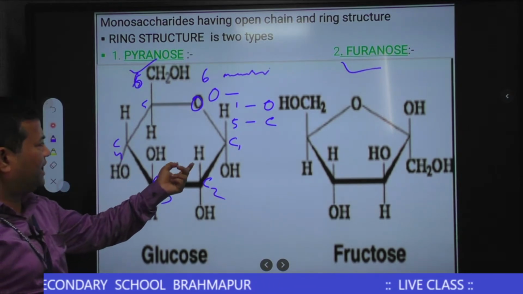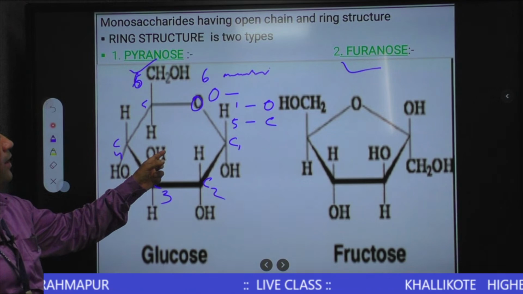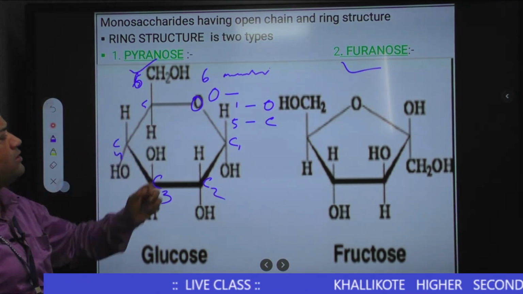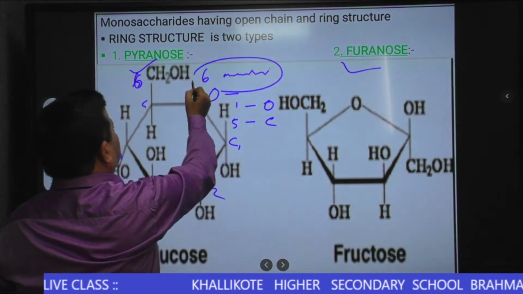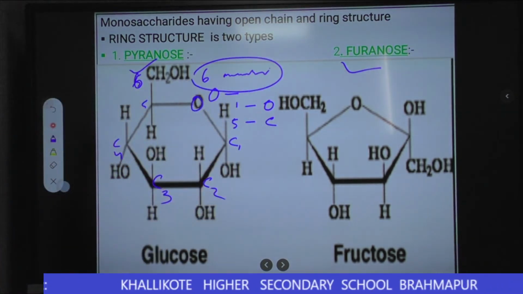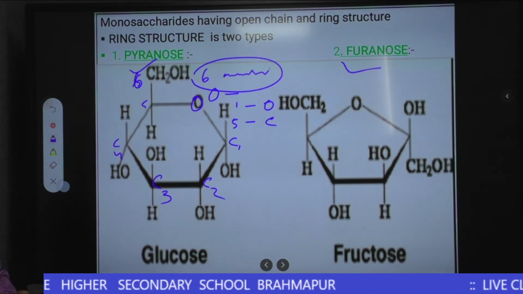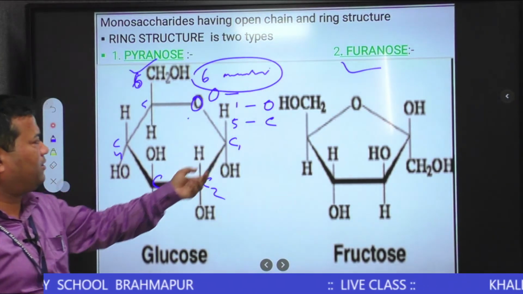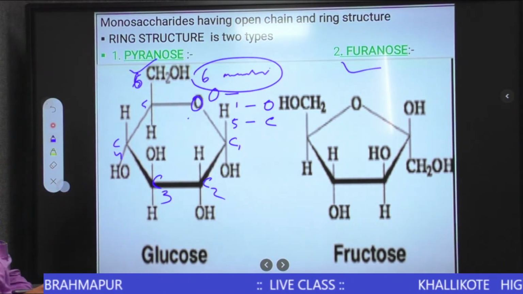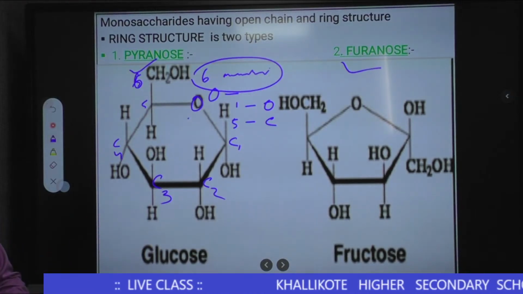Here the carbon atom goes to the 5 position of the ring structure and the 1 position goes to the oxygen atom. So this is a 6-membered ring structure. Pyranose is the 6-membered ring structure, where the 1 position goes to the oxygen atom and the 5 position goes to the carbon atom. So this is called the pyranose form of glucose.